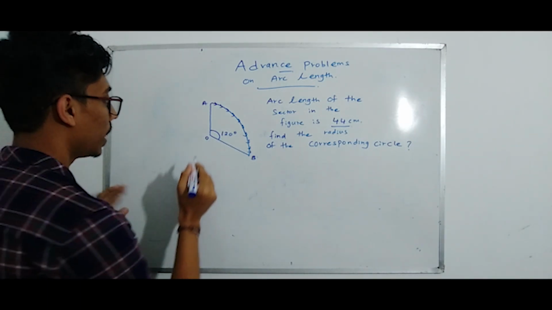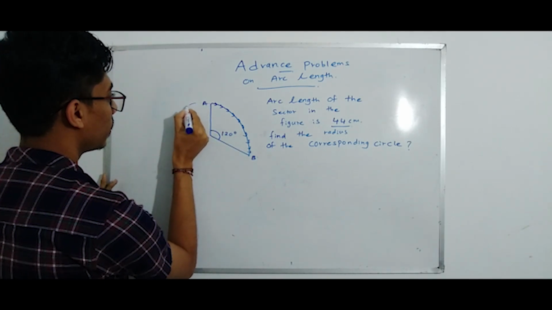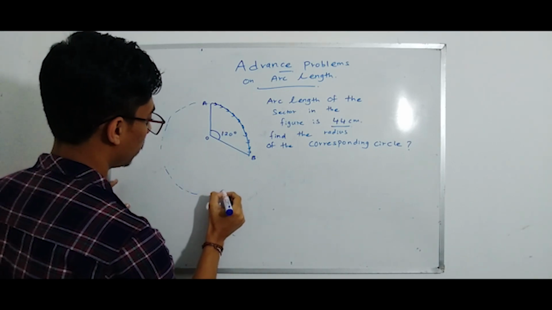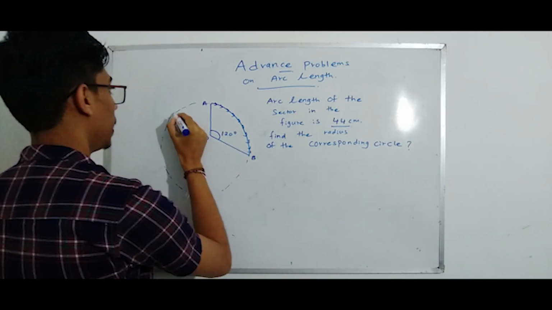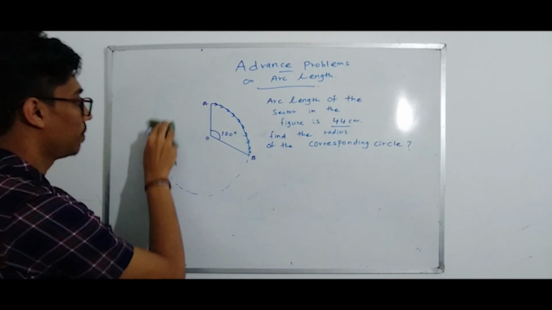So let me complete the entire circle. I'll start somewhere here and move it like this. It's kind of hard to draw. I'm sorry, let me make it more clear.